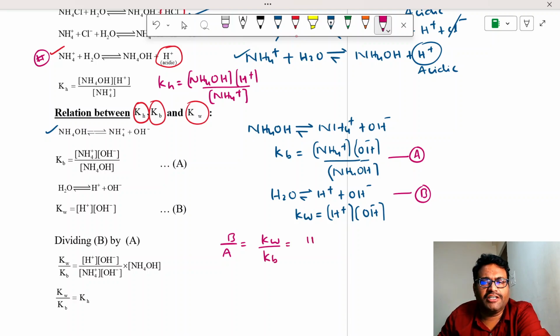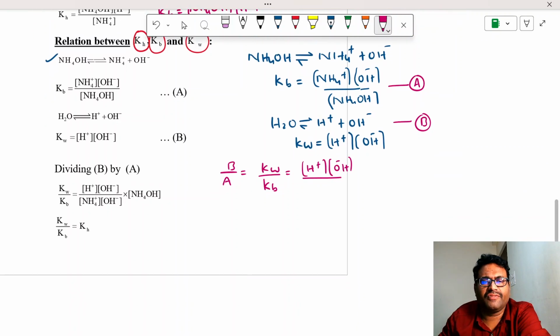Kw is H plus ion concentration into OH minus ion concentration, and Kb is NH4 plus ion concentration into OH minus ion concentration divided by NH4OH.